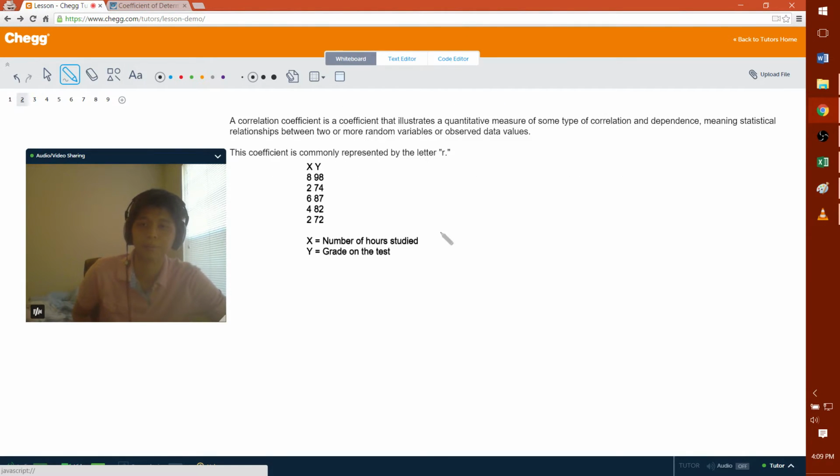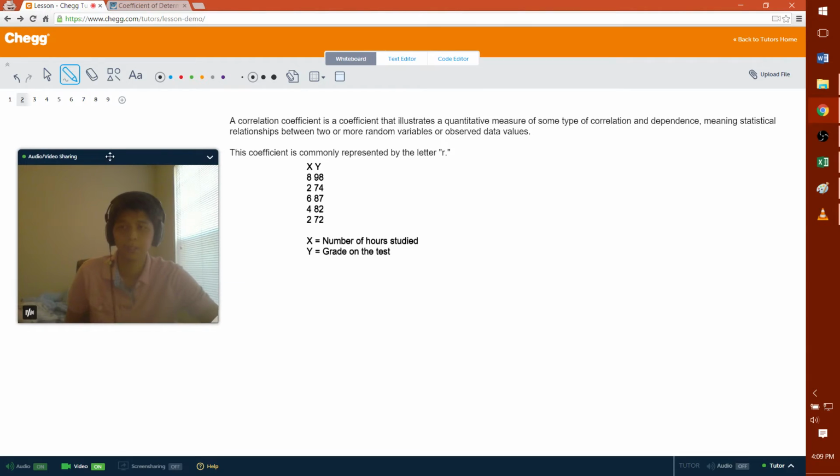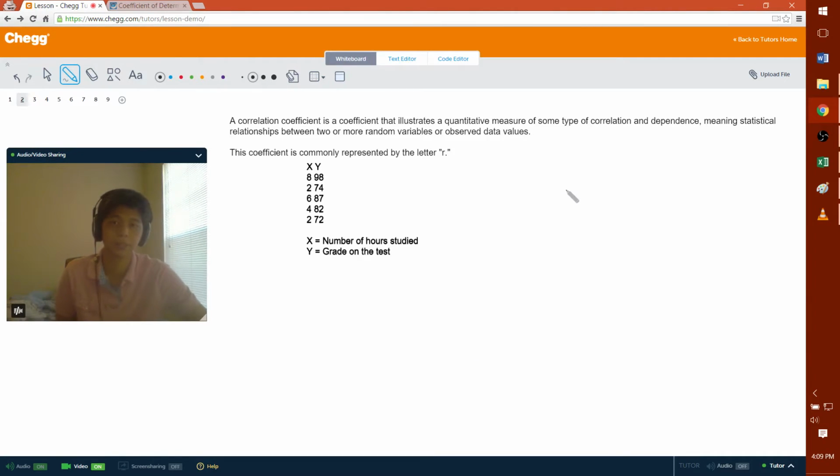So a little bit of review for most of you. We're going to talk about what R is. The correlation coefficient, or R, is also an output of a statistical analysis for a linear regression, and it describes the linear relationship between 2 variables. So this once again assumes that you're given a column of x, the independent variable, and a column of y, the dependent variable, and you want to find something out about it.